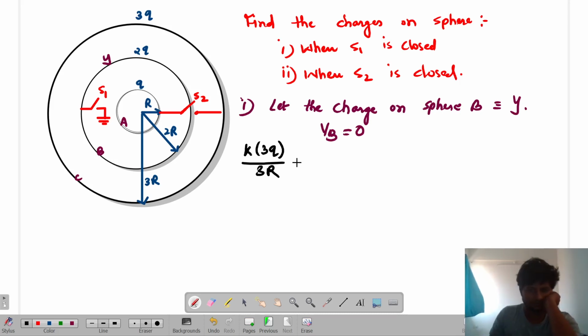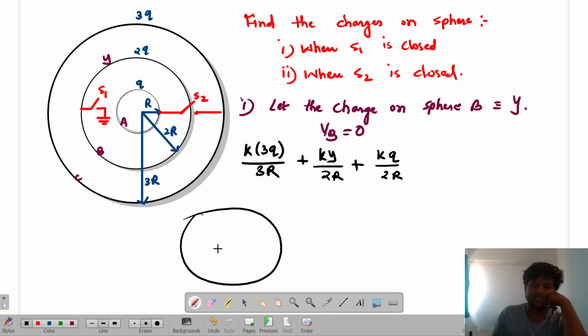Is that clear? Then its self potential is KY by 2R, and then due to this charge Q, it will be KQ by 2R only, isn't it? So when I am considering an inner sphere, due to this charge the potential is equal to their distance from center. But when I am considering from the inner to the outer, I have to consider the outer distance. Is that clear?